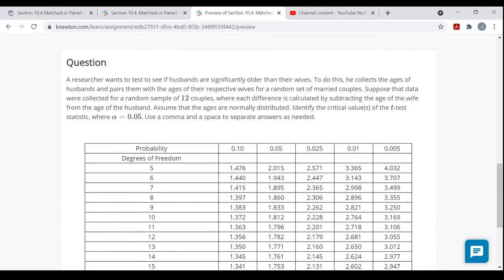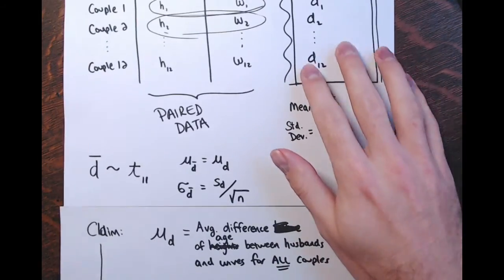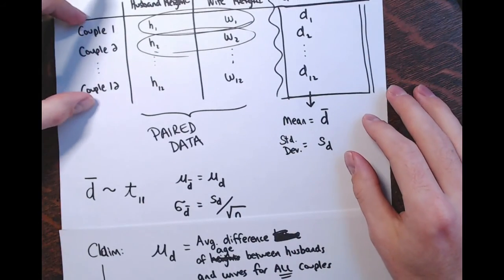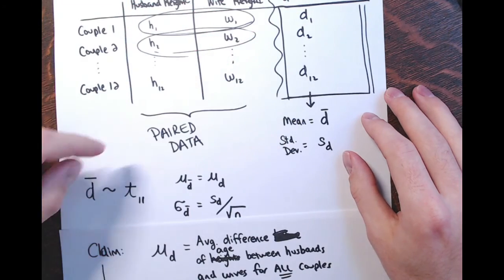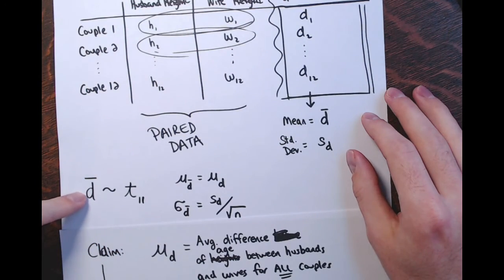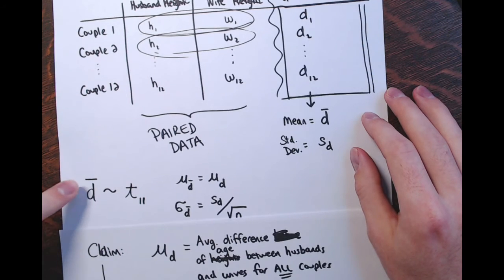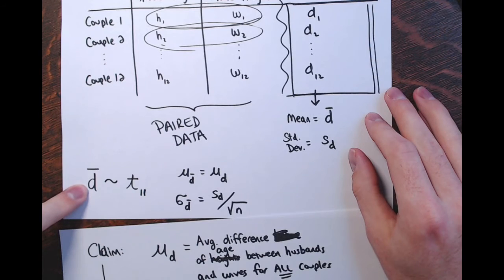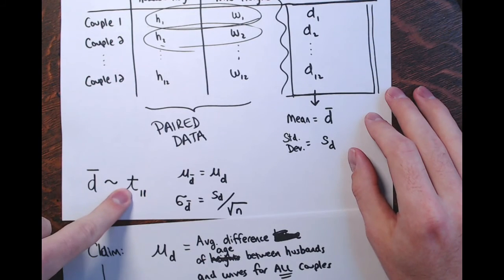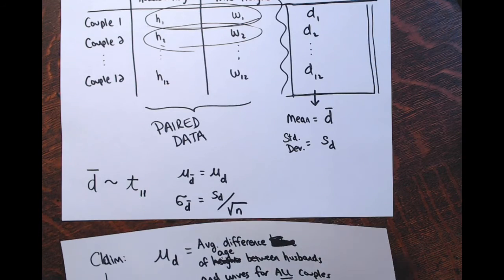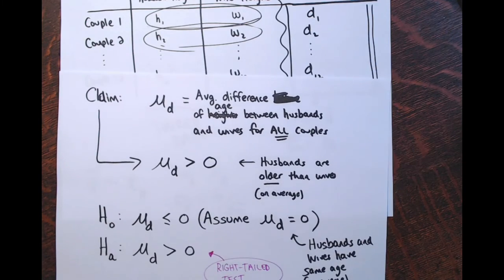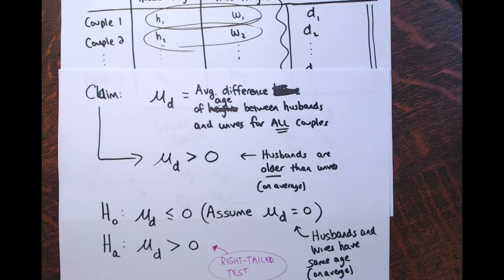Now, as mentioned back here, for this particular example, because there were these 12 couples, we're looking at a sample of 12 differences in ages. The distribution of my sample difference means, the distribution of my d bars, is going to be a student's t distribution with 11 degrees of freedom. Okay. And let's take a look at that. I'll draw that.